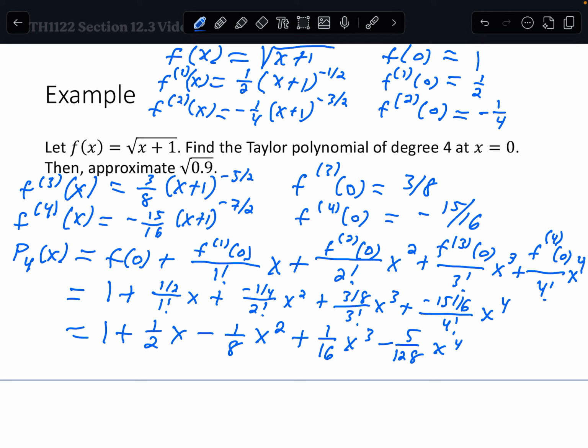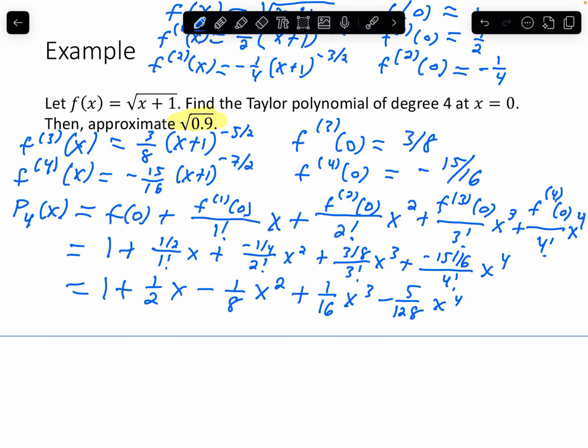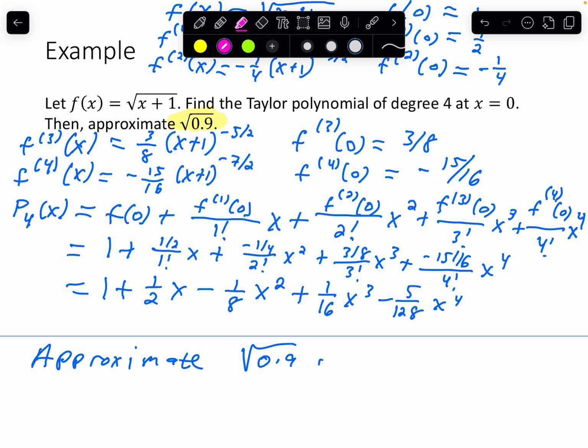And now we want to take that and approximate the square root of 0.9. But before just plugging something into this Taylor polynomial, try this right here. Our original function was the square root of x plus 1, right?